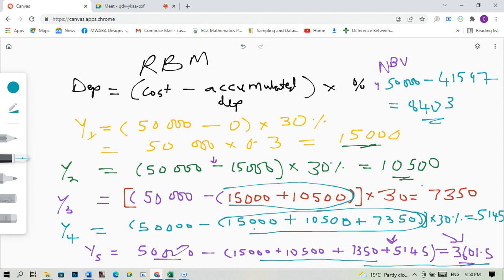That's the net book value for year 3. And so on. Even for year 2, you just say 50,000 minus 15,000. The net book value for year 2 was 35,000. Year 1, 50,000 minus 0 is 50,000.